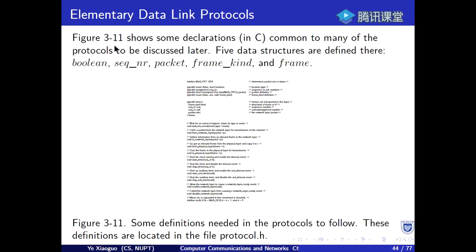So this figure shows some declarations common to many of the protocols to be discussed later. 5 data structures are defined: Boolean, sequence number, packet, frame kind, and frame.